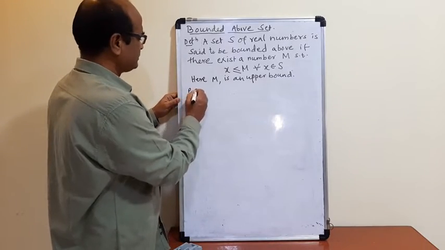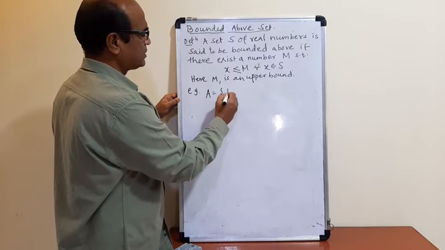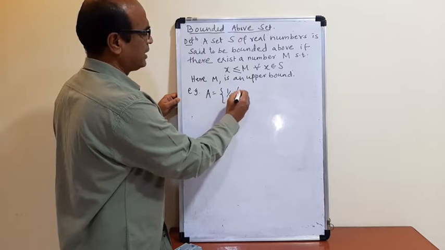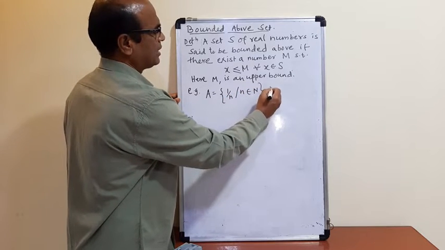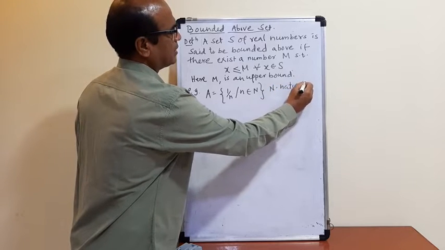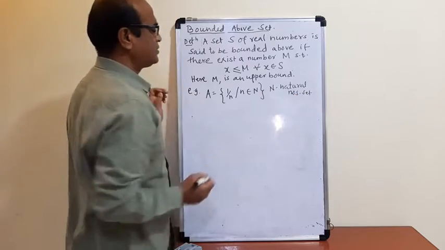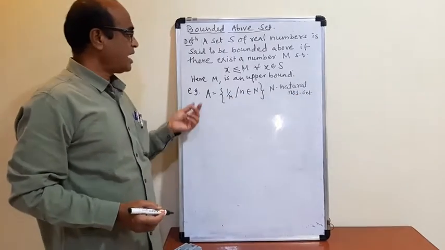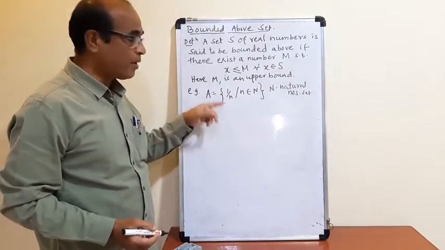So for example, let A be the set of 1 upon n, where n belongs to the natural numbers set. So A is the set of such elements of 1 upon n.